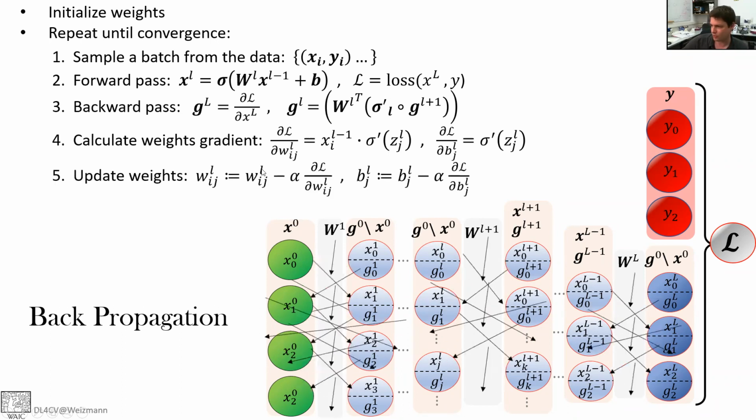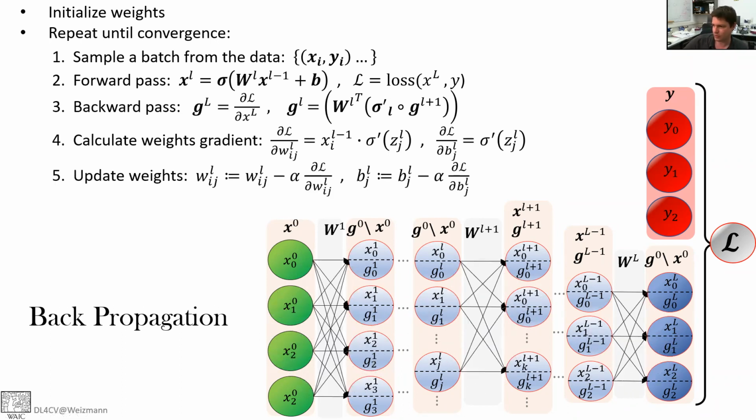And lastly, we need to update our weights. So we use the rule of gradient descent. We need to have a hyperparameter alpha, the learning rate, multiplied by the gradient that we have with respect to the weight, and then we update the value of the weight. And this is backpropagation. This is how you train a neural network.